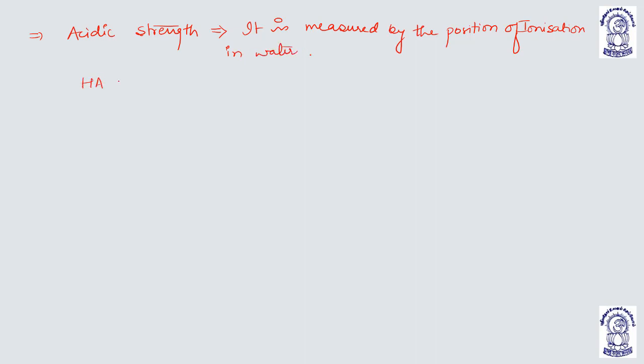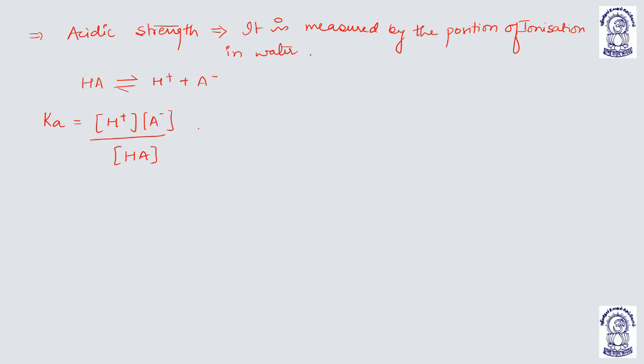Like HA, it forms H plus and A minus. The dissociation constant for this acid, Ka, is the concentration of products upon the concentration of reactant.